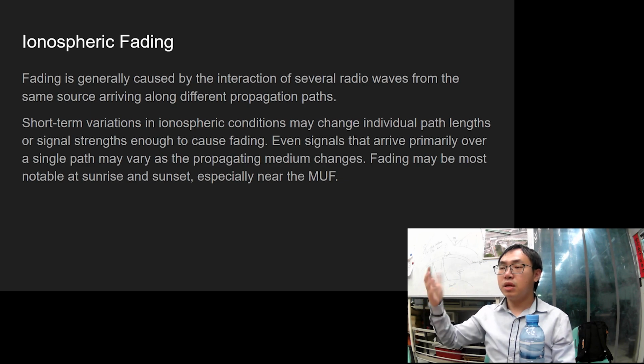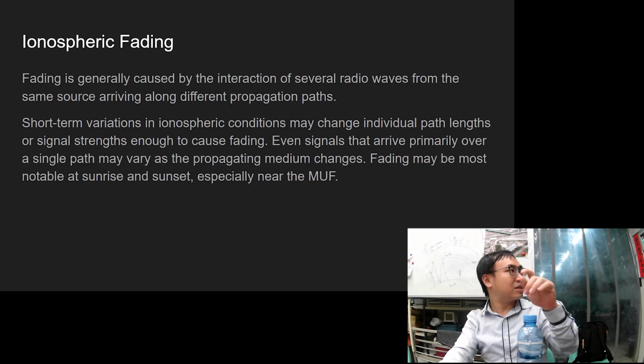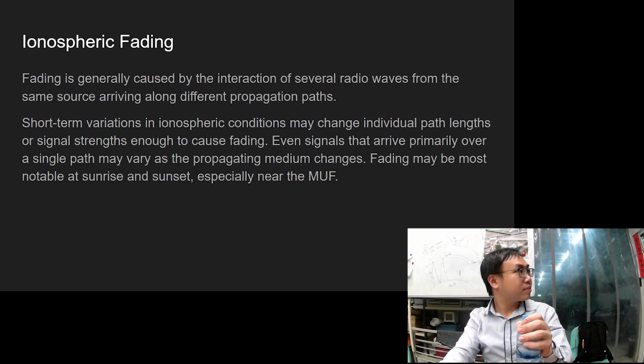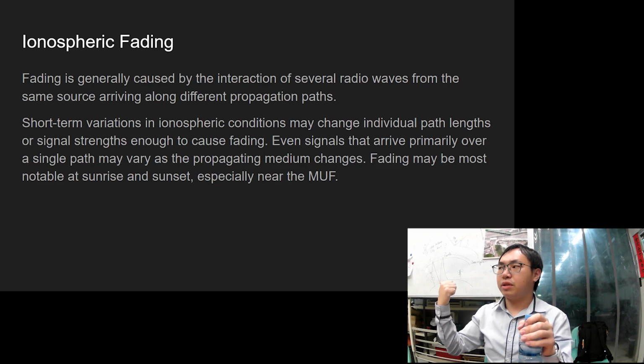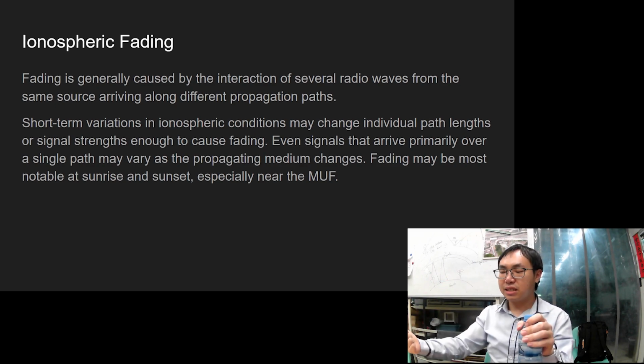It will have fading, and if fading really occurs, we will stop the communications as fast as possible, because we know that the ionosphere can no longer transfer more signals, and the signals become very unstable. This is ionospheric fading.